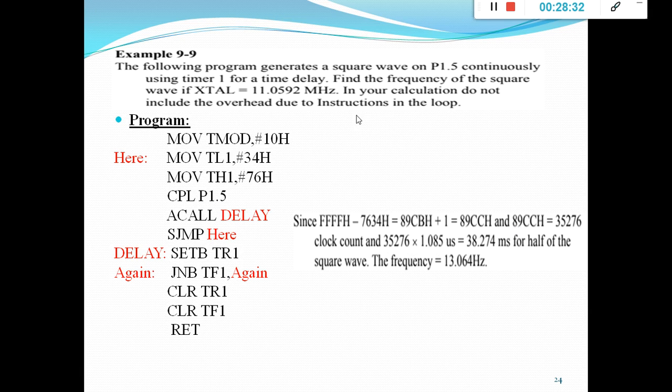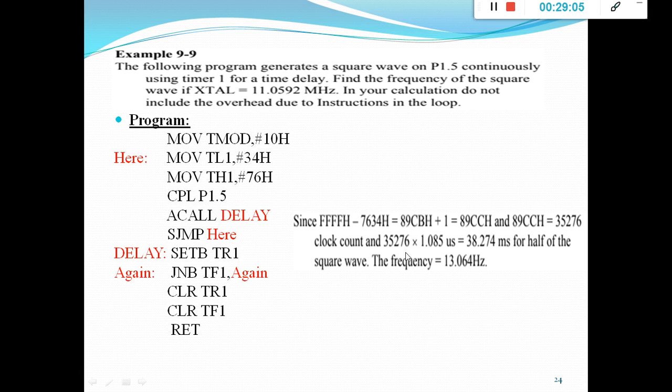You are taking the same crystal frequency, 11.0592 megahertz. When you multiply with this period, you get 38.274 millisecond for half of the square wave. To get the entire period, you multiply 38.274 millisecond by 2, you get 76.548 millisecond.